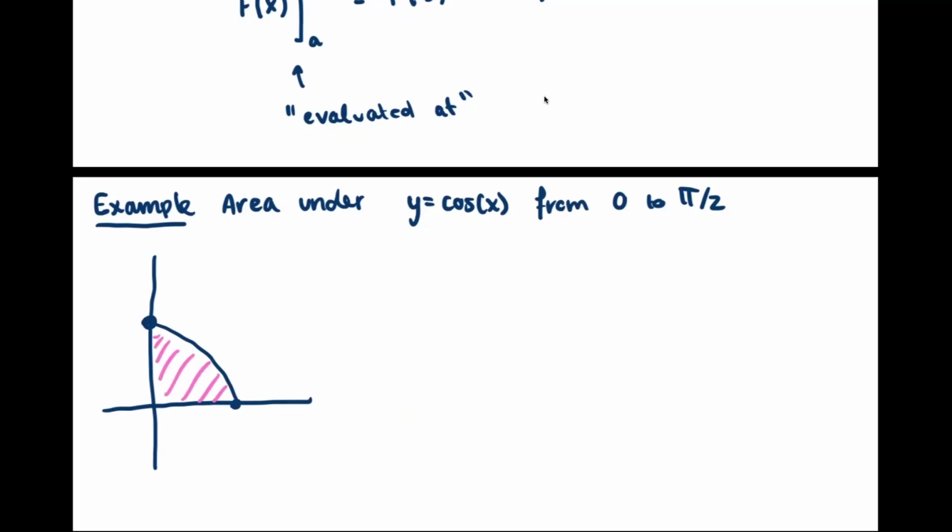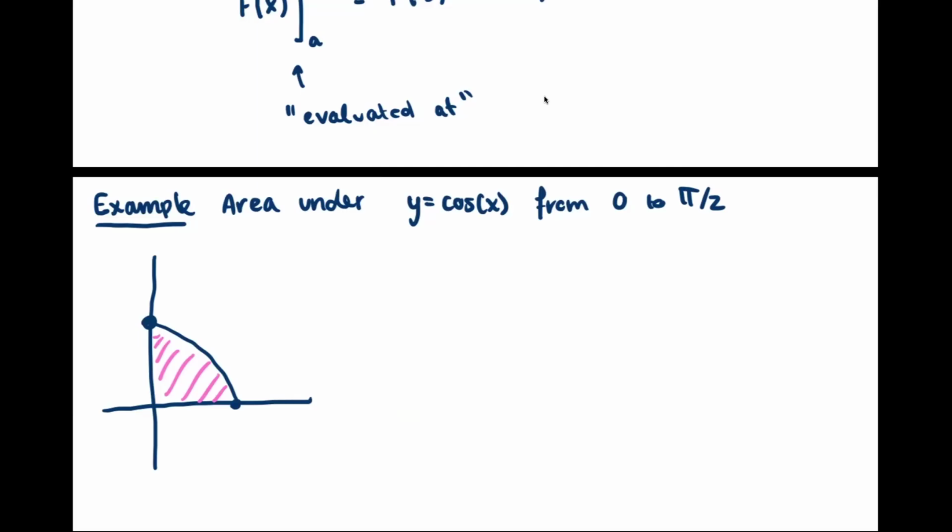Do you have any predictions or expectations about what that area will look like? I might expect that it would come out with a pi or a square root or some weird numbers involved. Maybe pi over 4. That's really good. I kind of drew it looking like a circle here, but it's not quite.